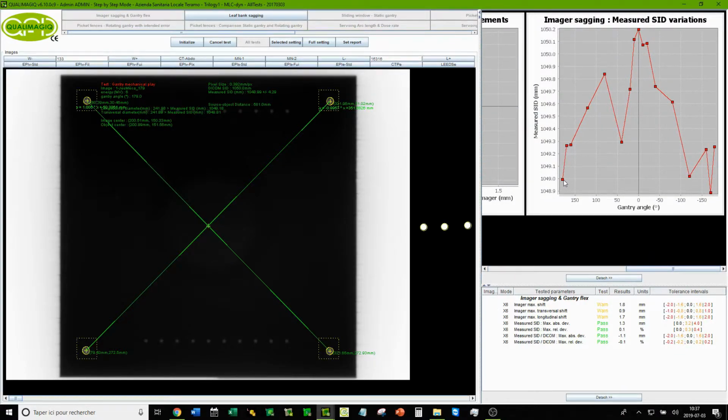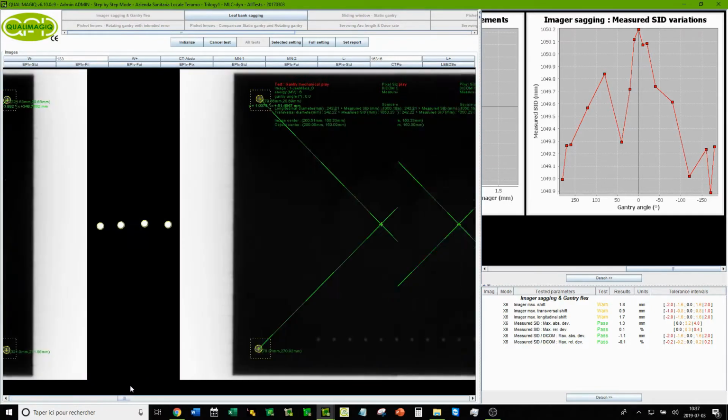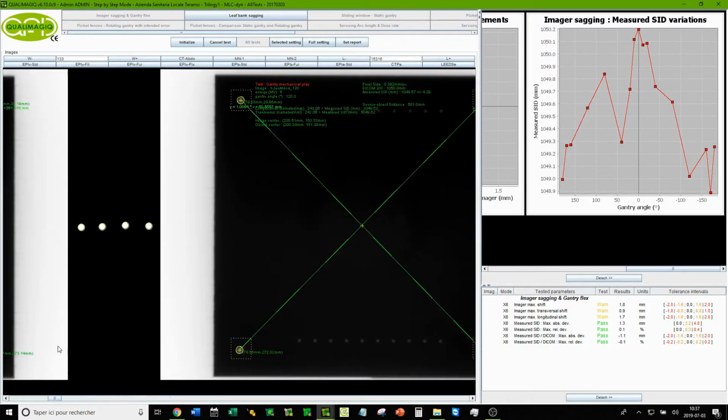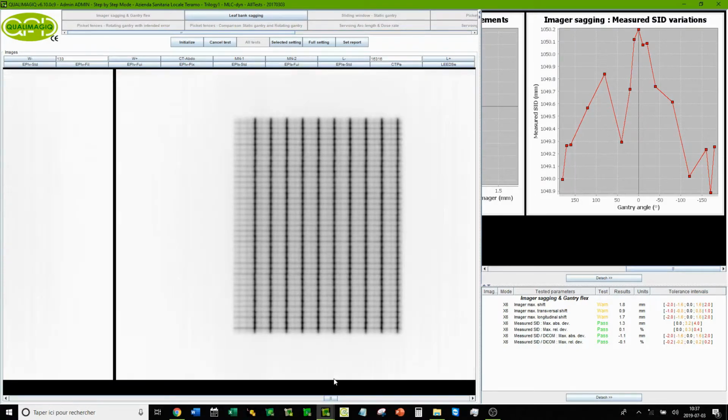As we also measured the side of this cross, which is the reason we use a big cross, we can also measure the variation in source imager distance when the gantry rotates. It is also important to take this into consideration, as those measurements need to be made, and if the source imager distance varies with the inverse square law for distances, this has to be compensated.